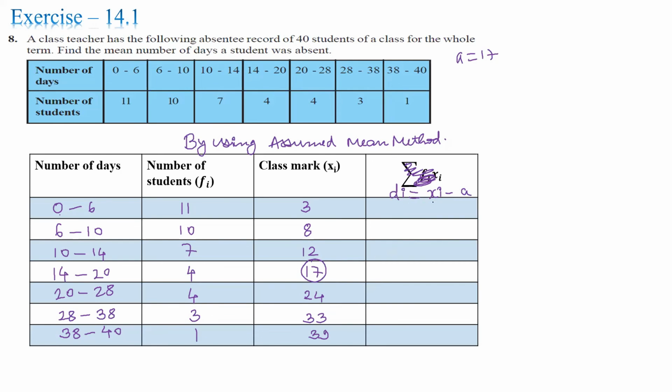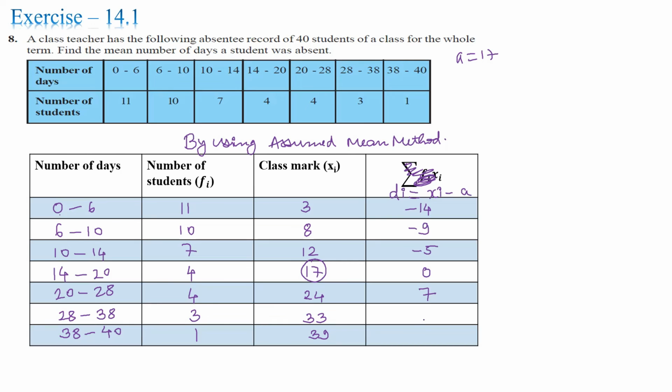Okay, so di is what? xi minus A. So 3 minus 17, how much it comes? Minus 14. 8 minus 17, how much it comes? Minus 9. 12 minus 17, it will come minus 5. 17 minus 17, it will come 0. 24 minus 17, 7.